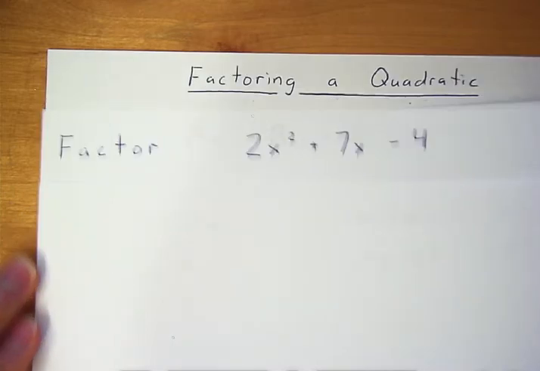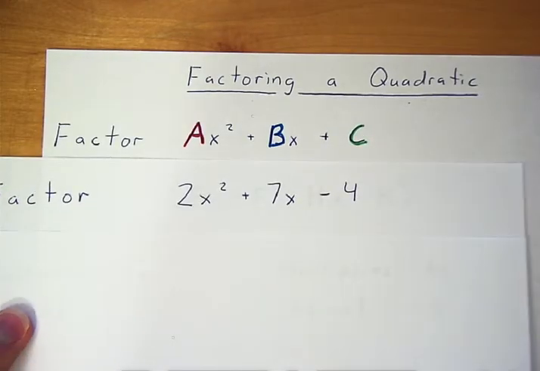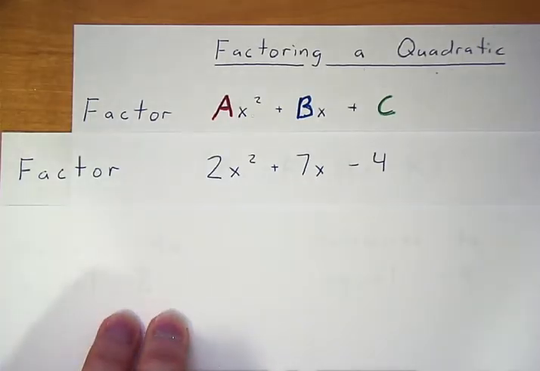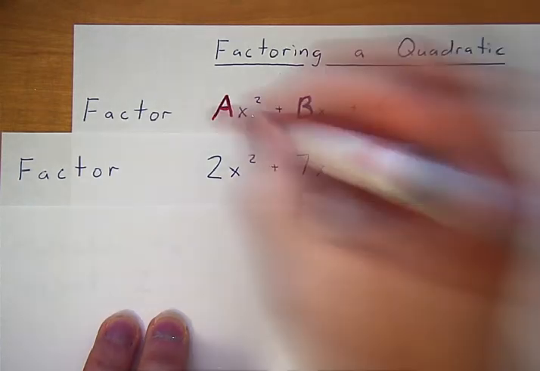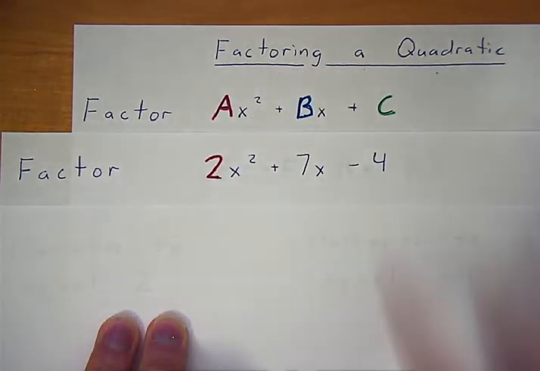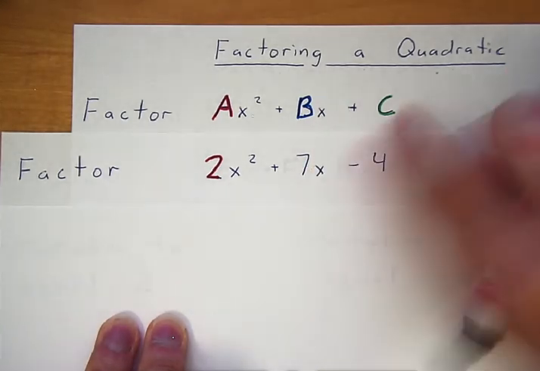As you can see, this matches that. Here your 2 is equal to your A, your B is 7, your C is negative 4.